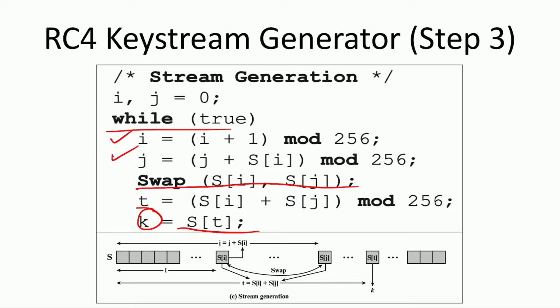So you can say that, okay, we are doing shuffling once more. And then we choose another index t by adding the S vector values at this new i index and j index, and then taking mod 256. And then whatever we get is an index value, and then we take S at that index value as our key byte.